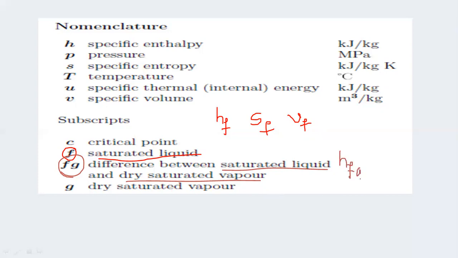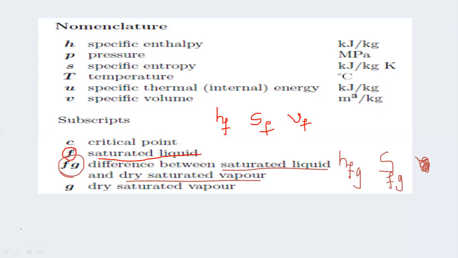Similarly, the specific entropy we write as s suffix fg. Then the specific volume, sorry, the specific volume is not calculated. I will tell you the reason when we move to the next slides, especially for this particular phase.